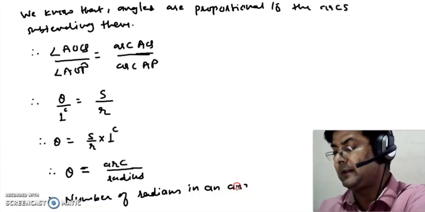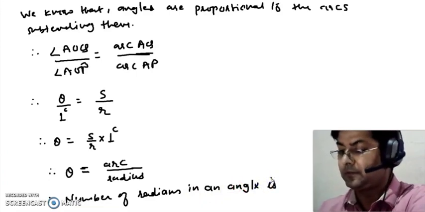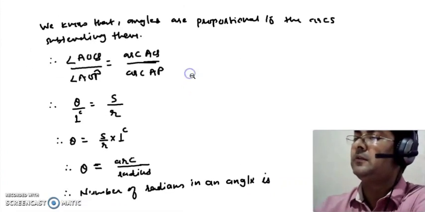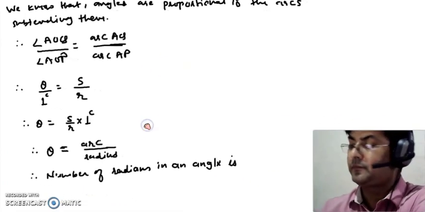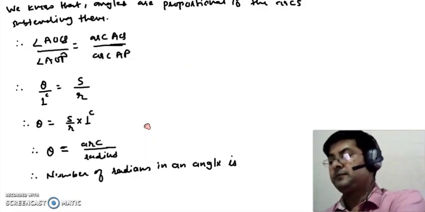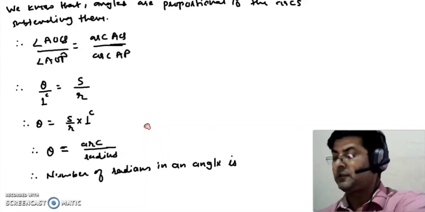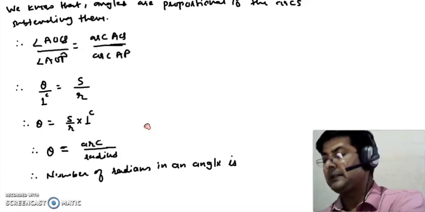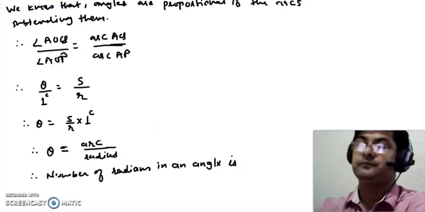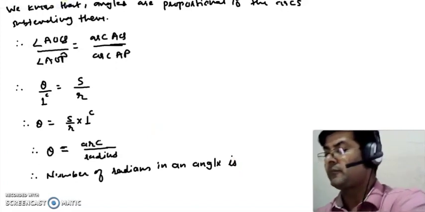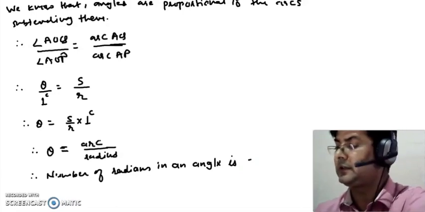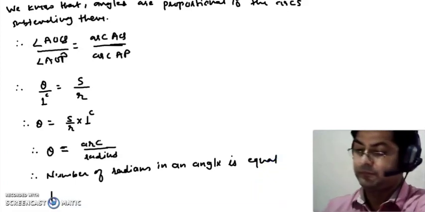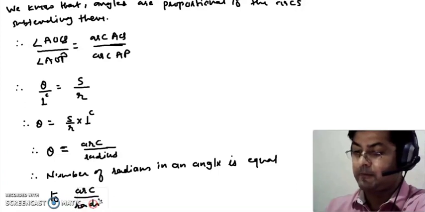Therefore we can write the statement: the number of radians in an angle subtended by an arc at the center is given by arc upon radius.